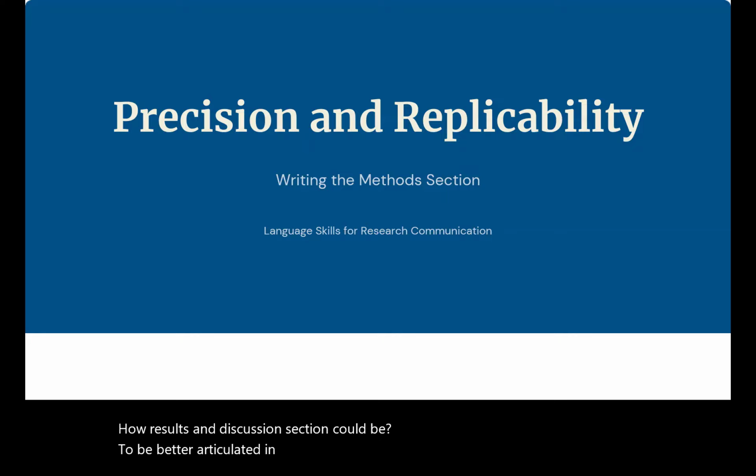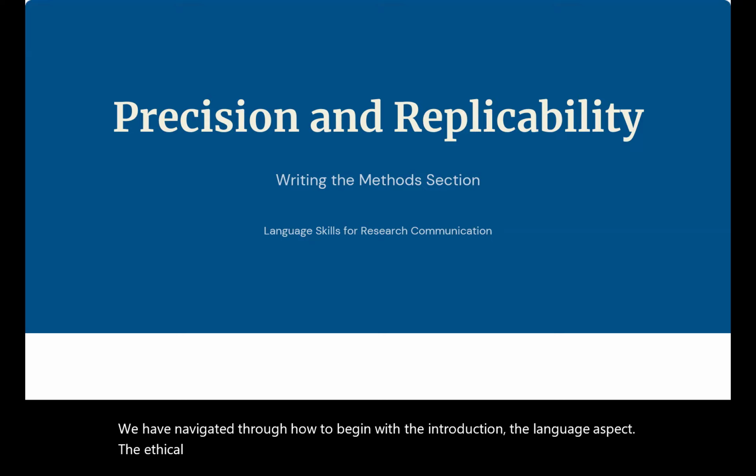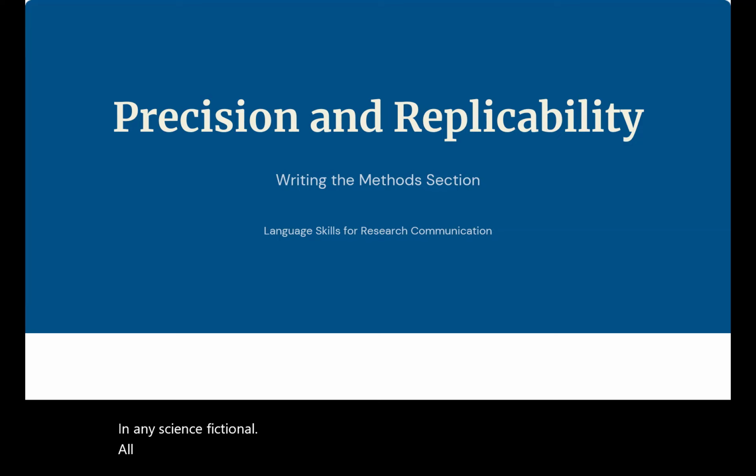We have navigated through how to begin with our introduction, the language aspect, the ethical AI aspect, and of course, how you can get through the reviewer's gateway in any scientific journal. All of my talk is typically bound by research done on science writing.